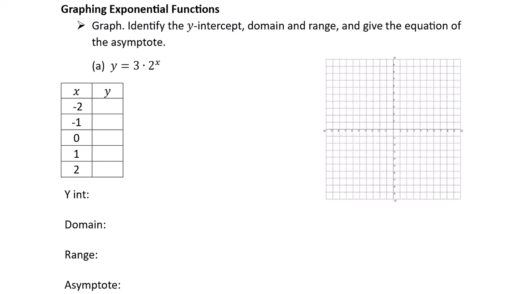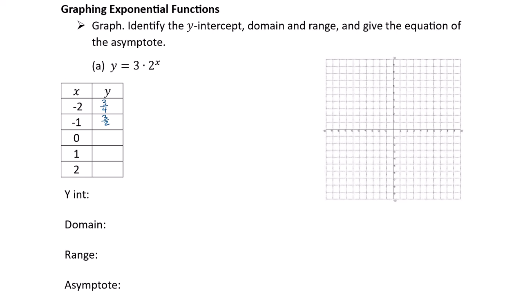Here, y equals 3 times 2 to the x. If x is negative 2, 2 to the negative 2 is going to be 1/4. 3 times 1/4 is 3/4. If x is negative 1, 2 to the negative 1 is 1/2, times 3 is 3/2.